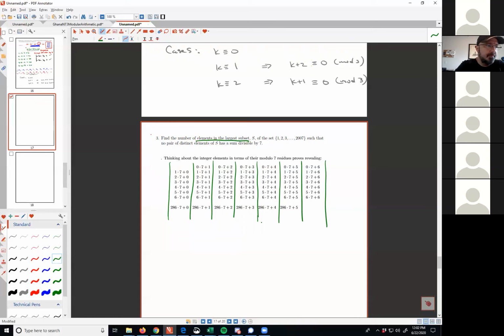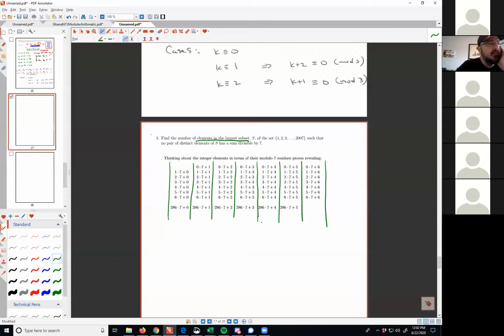So we could add up the total number of multiples of 7 that we can have. And then after finding out the total number of multiples of 7 that we can have, we could subtract that from the total number of integers in the subset, to give us all of the other ones which are not divisible by 7. I'm not sure I understand.